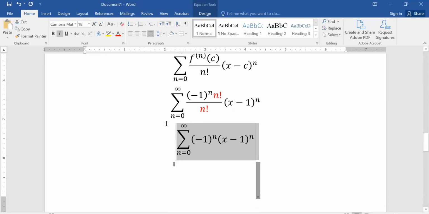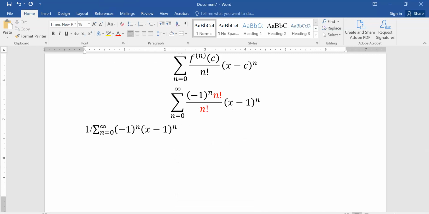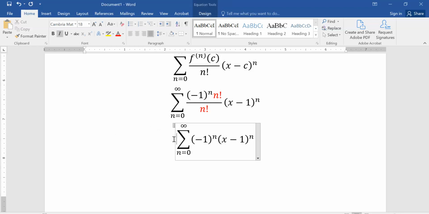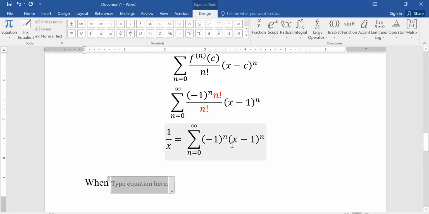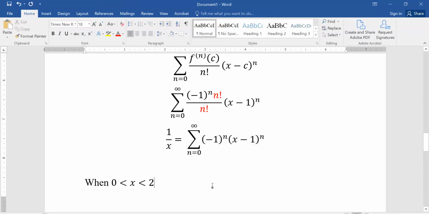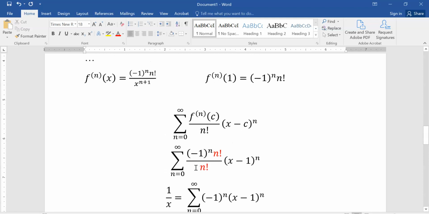So this power series is equal to 1 over x when the power series is at its interval of convergence. This one, like I was saying, the interval of convergence is when x is between 0 and 2. Okay, you can flesh that out if you want to. But there you go. So that's how we can find a power series.